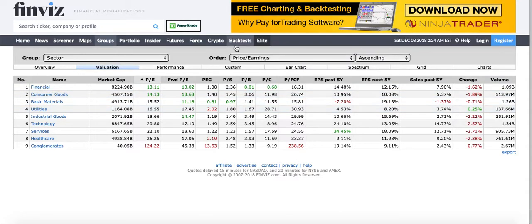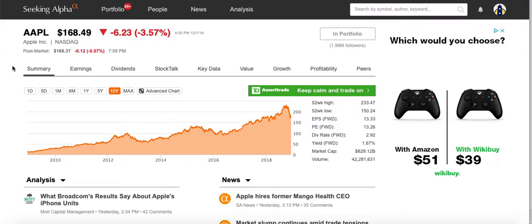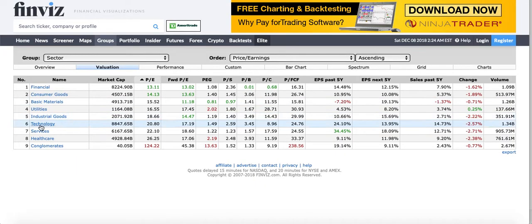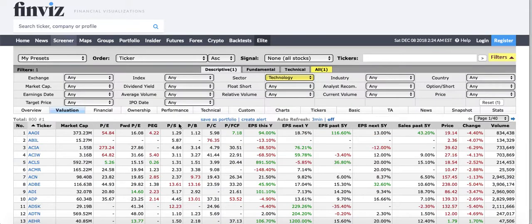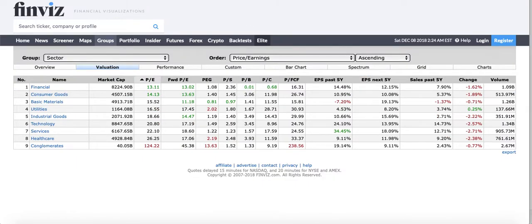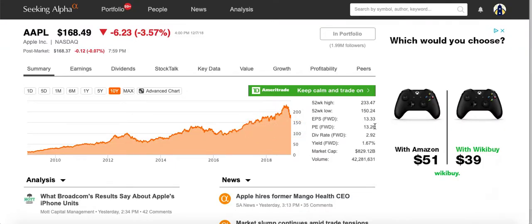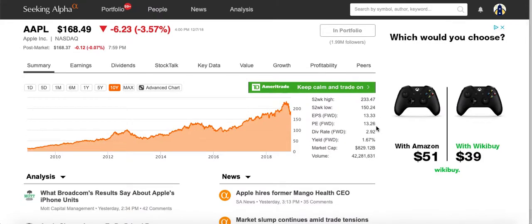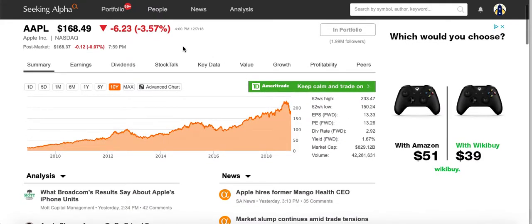And sometimes you're like, I want to buy Apple stock, and you need that thing to push you over the edge. This could push you over the edge. You could say, hey, in the technology sector, investors are willing to pay 17 times earnings for all these companies here. Well, here's probably the best of breed, and I'm only paying 13 times. That seems like a good deal. I'm going to buy a couple shares.